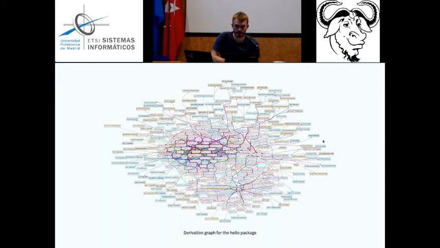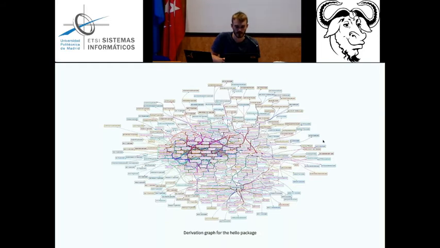And then as you get towards the middle of the graph, the pink color is what I've colored the derivations in. So a derivation here is combining one or more fixed outputs with maybe some derivations as well to generate something or some things in the store.